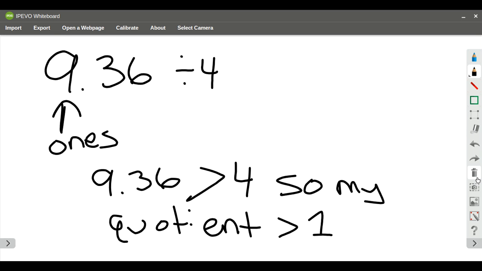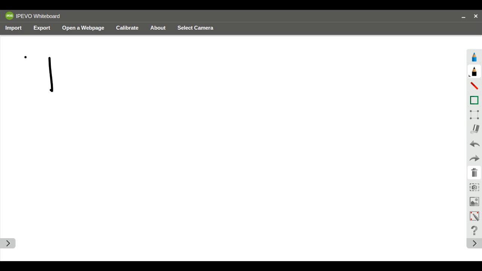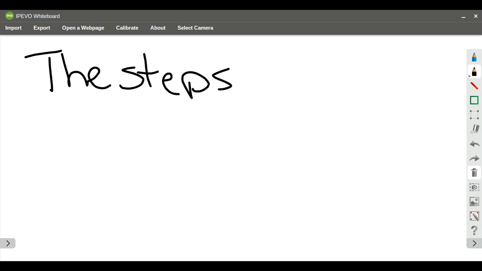Okay, number 2, it says, how is dividing a decimal by a whole number similar to dividing a whole number by a whole number? Okay, so if you notice that very first problem that we did, the steps were the same. So the steps are the same as dividing a whole number by a whole number.